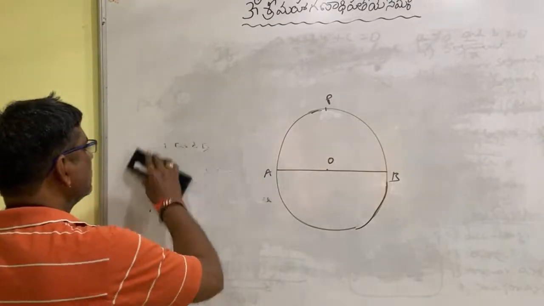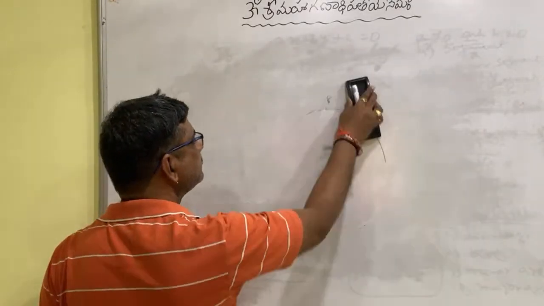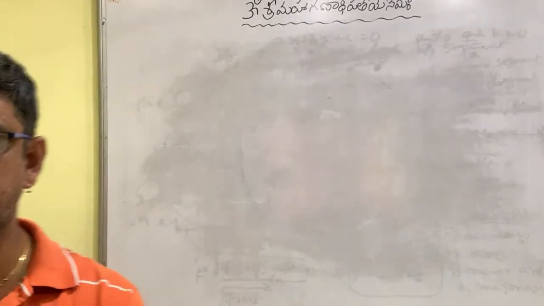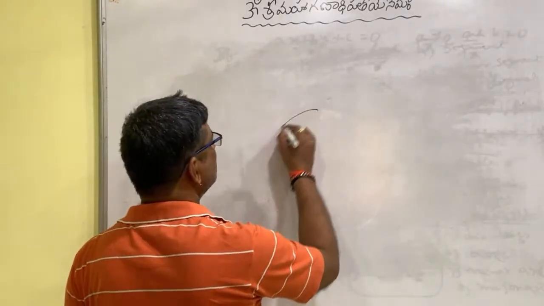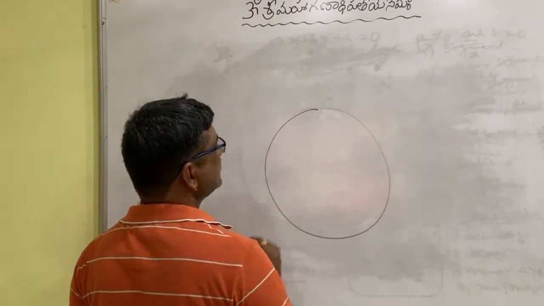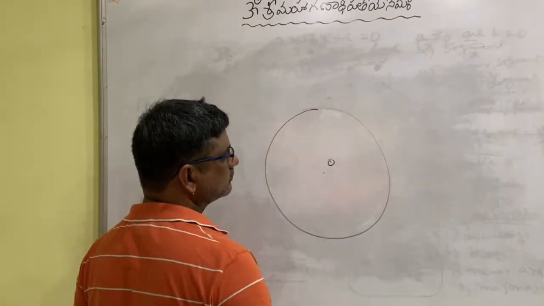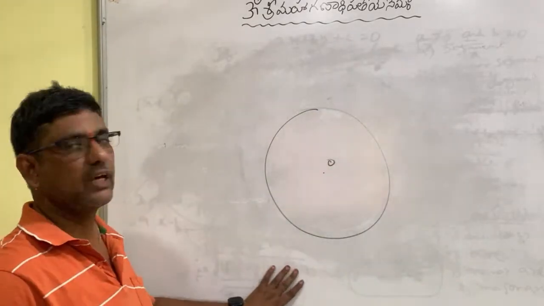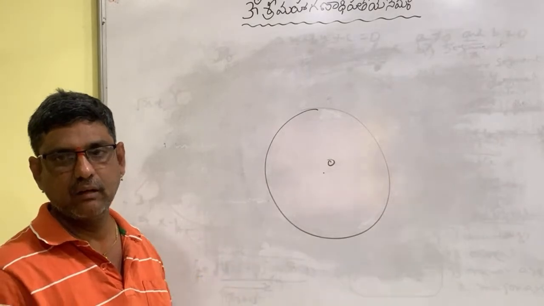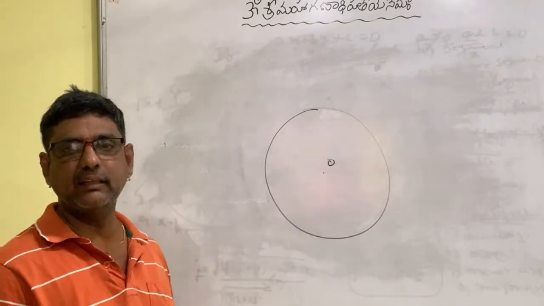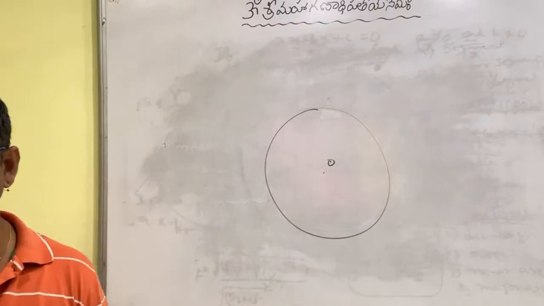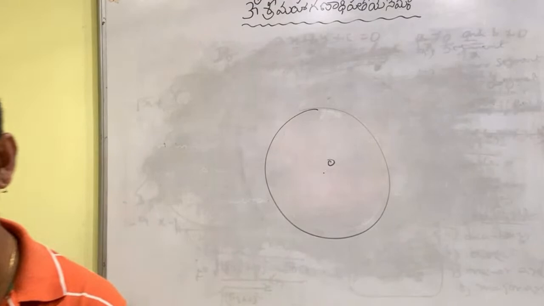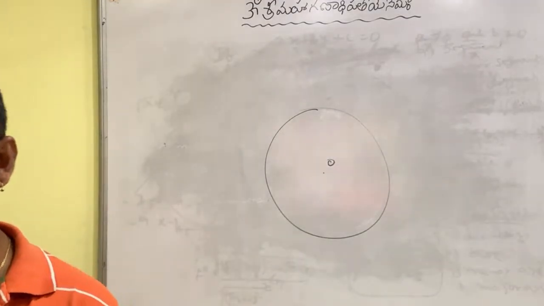Suppose this is a circle. The circle is drawn on this plane. Now, the circle is dividing the plane into how many parts? Everyone is saying 3 parts. Can anyone tell what the 3 parts are? Very good, the answer is correct.